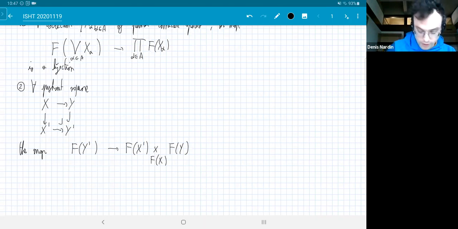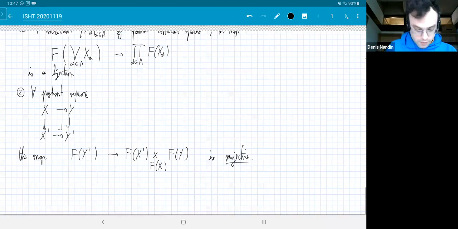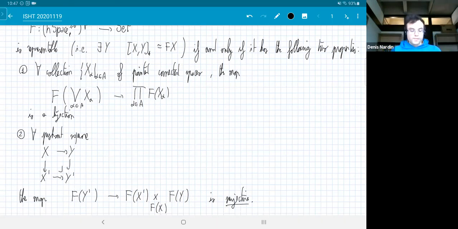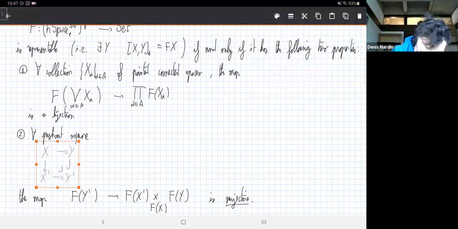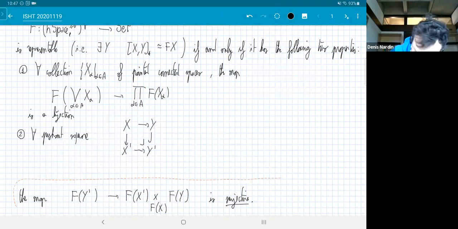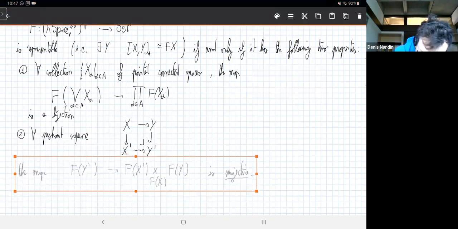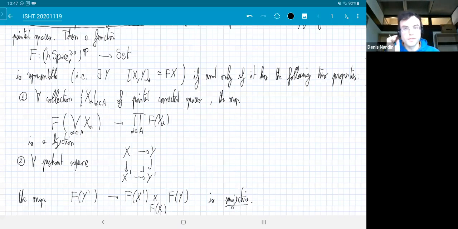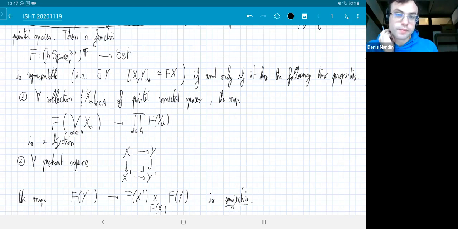It's not true for everything. But you want to ask that it's surjective. Actually, let me put this here so you can see it better. So that's the statement.